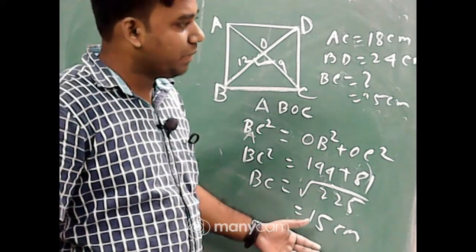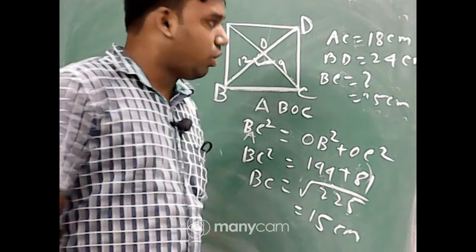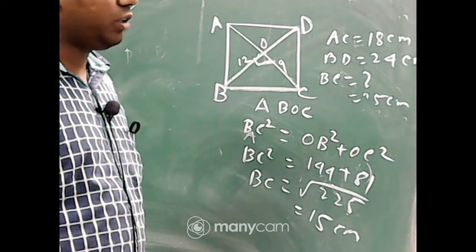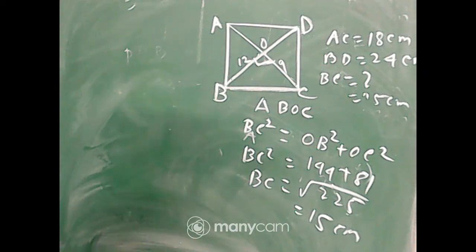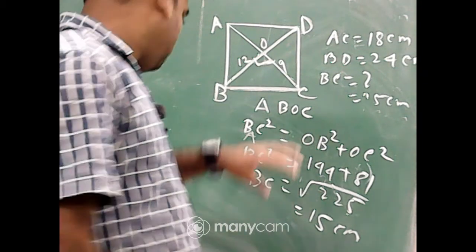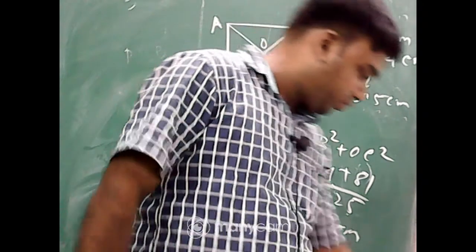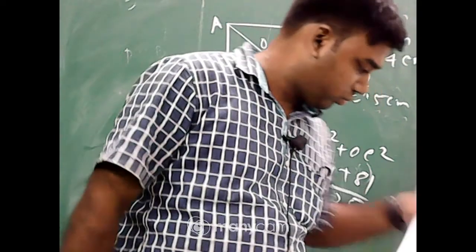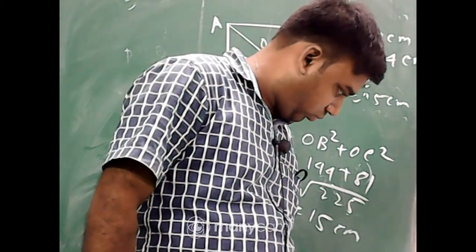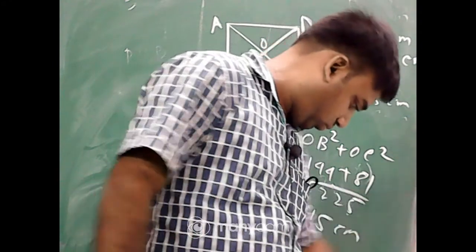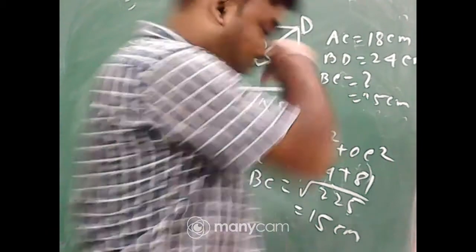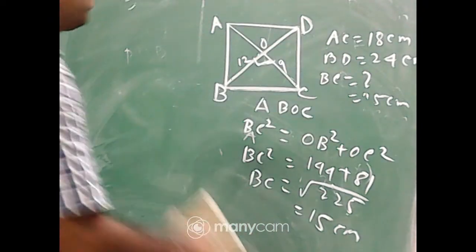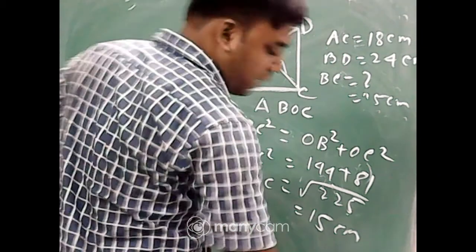So 15 centimeter is the length of the side BC of the rhombus. Okay, so I hope it is clear to you. Next question and probably the last question.